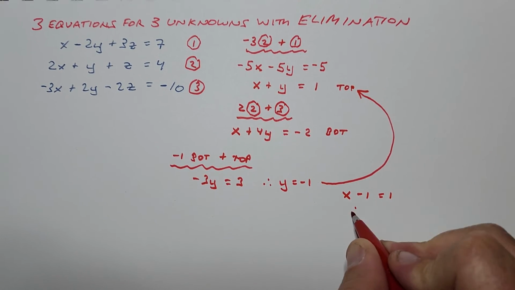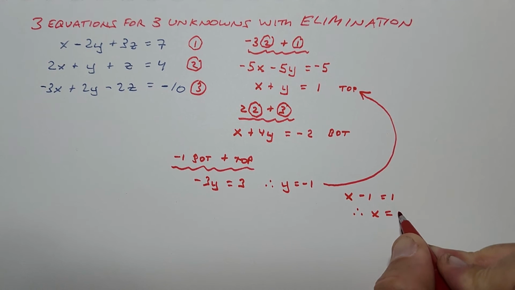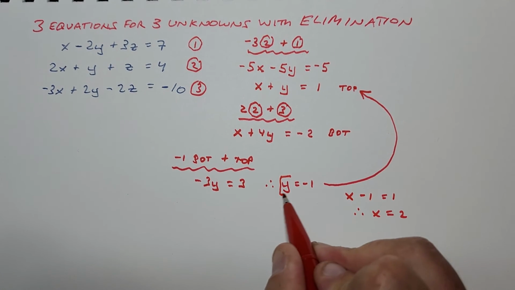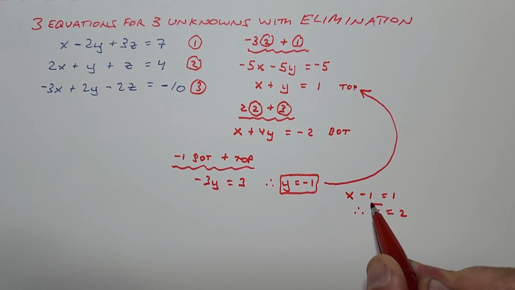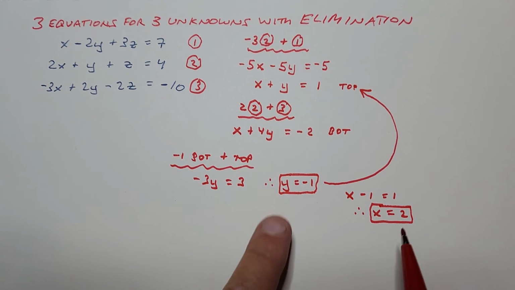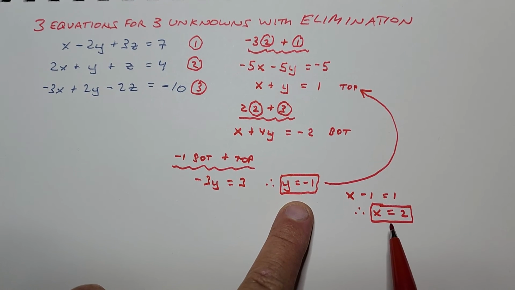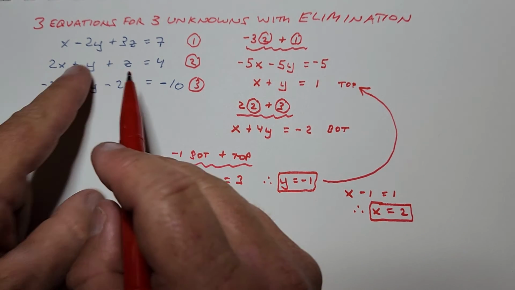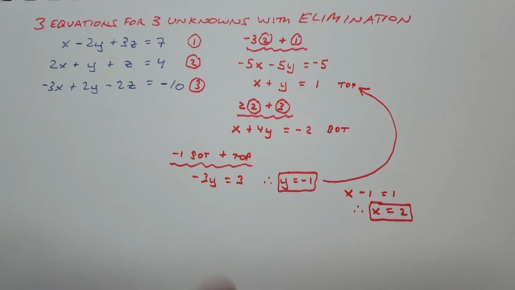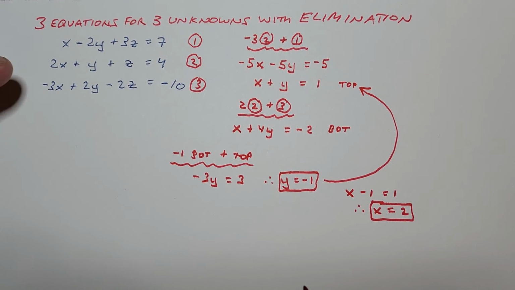So we just learned that x equals 2. So far we have what y equals and what x equals. And now that we know 2 of the 3 variables, we can go back to any one of our original equations and learn what the third variable, z, is.